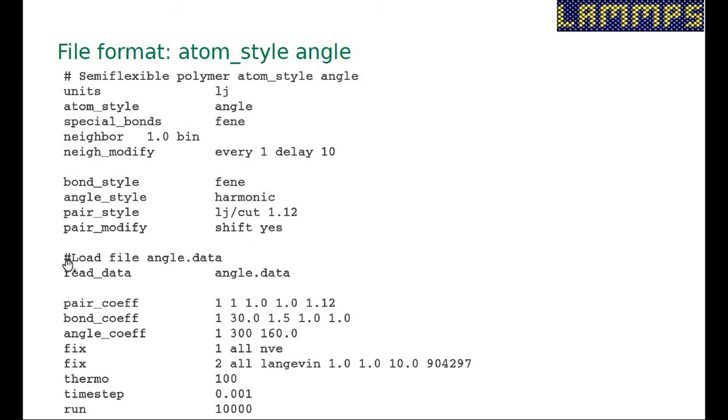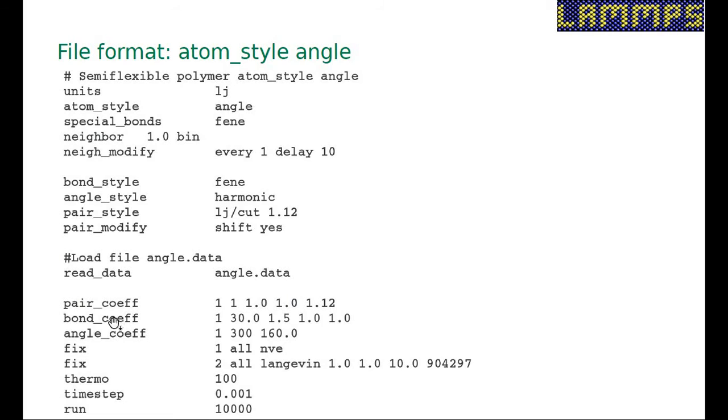And then comes the section where the angle.data is loaded using read_data, followed by the instruction referring to the potential coefficients for the WCA potential.